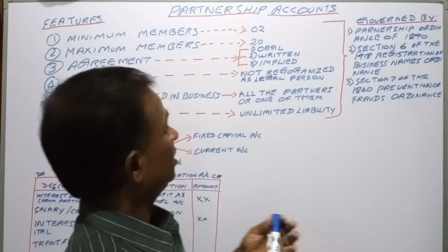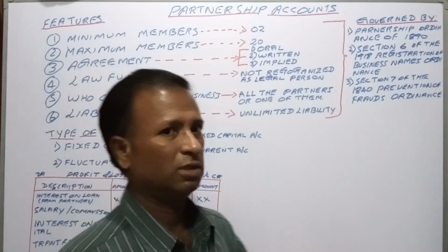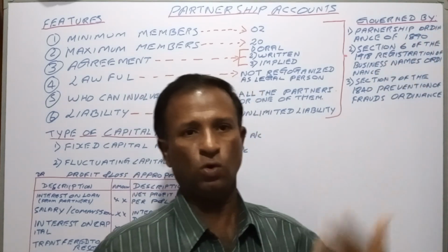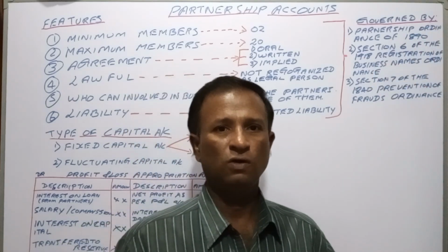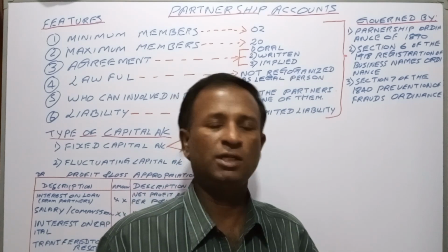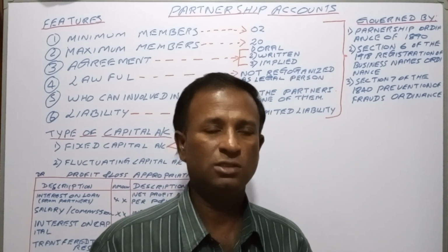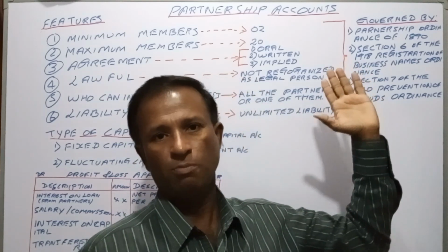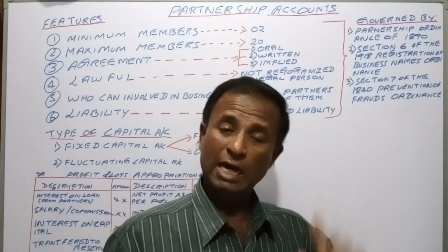Here it is 1890, a very old act established by the British government. We were under the British rule at that time, and these ordinances were passed in the then Parliament.